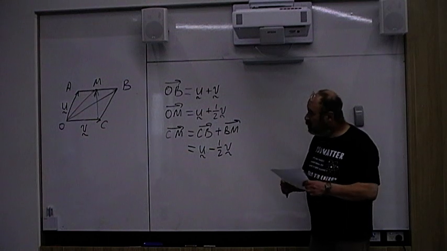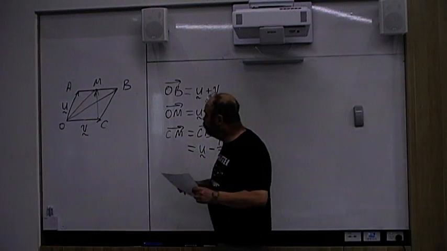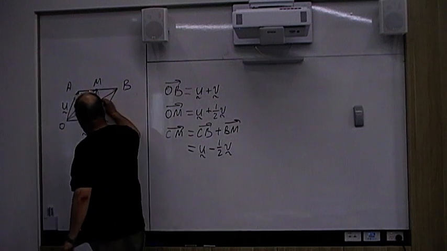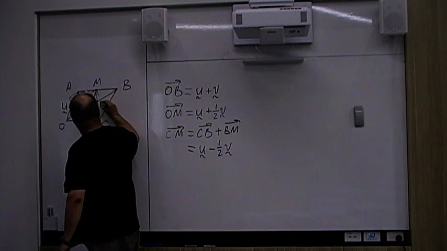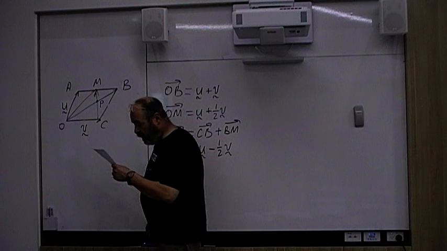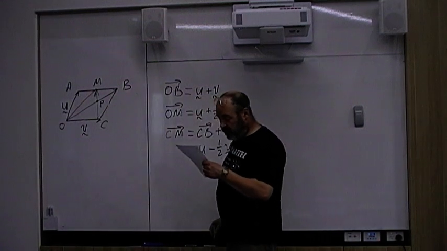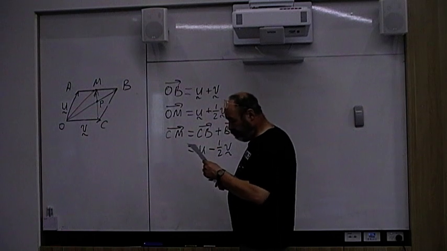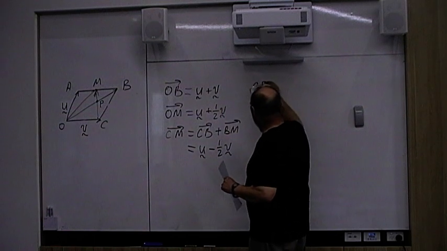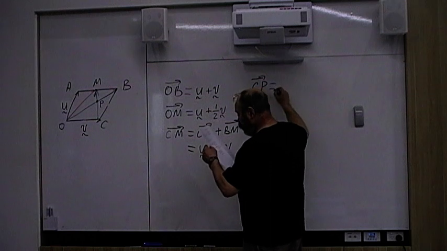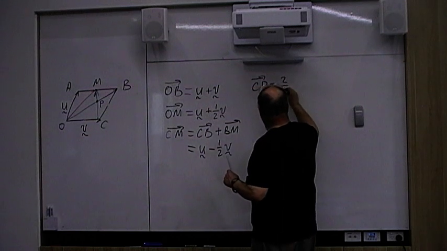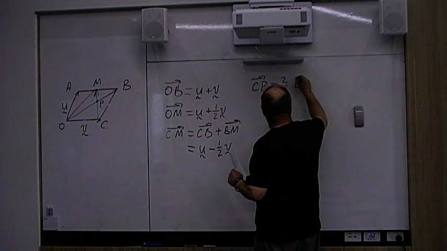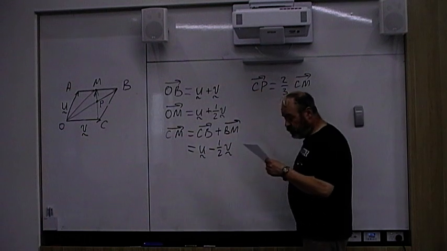P is the point on CM. This is the point P, and CP equals 2/3 of CM.